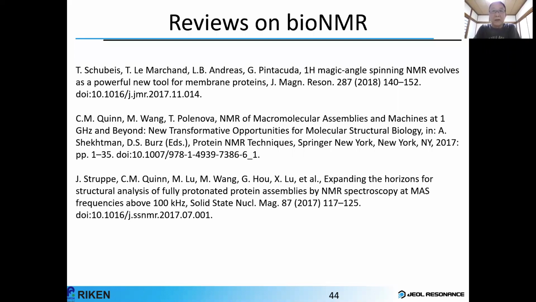Yes, we have two different sources of heating. One is from RF field irradiation. The other is from sample spinning. There is a huge, big difference between these two. In the case of sample spinning heating from the friction, we can reduce it because this is continuous heating, and we can simply apply continuous cooling, and we can remove this effect.